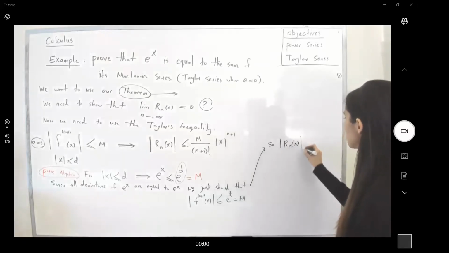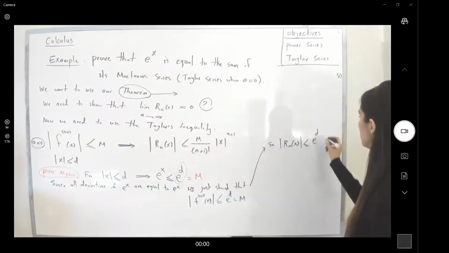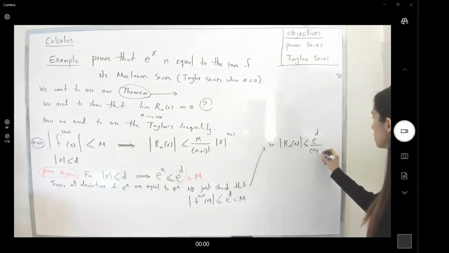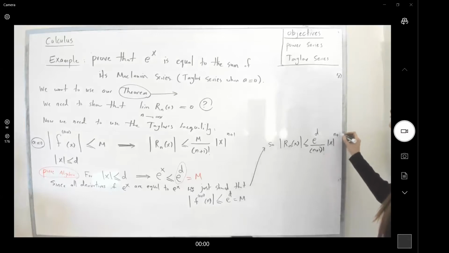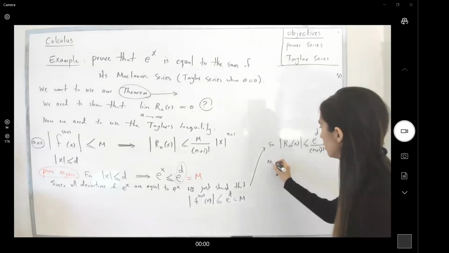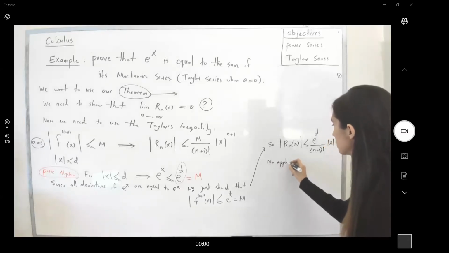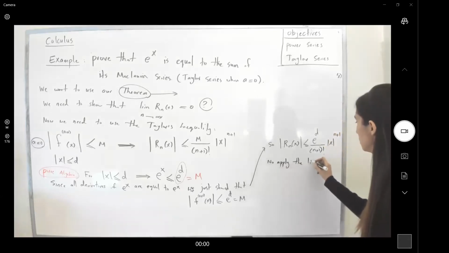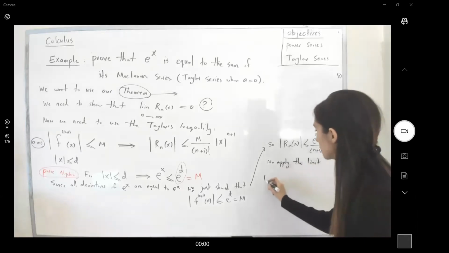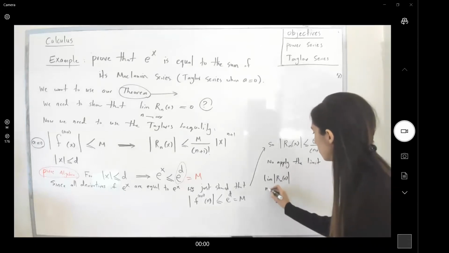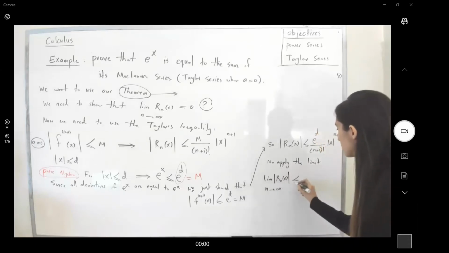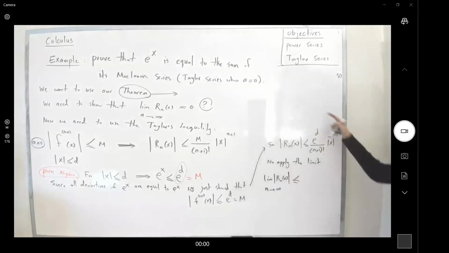So |R_n(x)| is less than or equal to e to the d over (n plus 1) factorial times the absolute value of x to the power n plus 1. Now apply the limits. The limit of |R_n(x)| as n goes to infinity is less than or equal to the limit of this quantity.